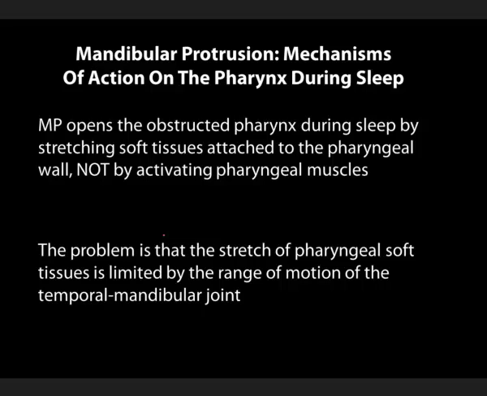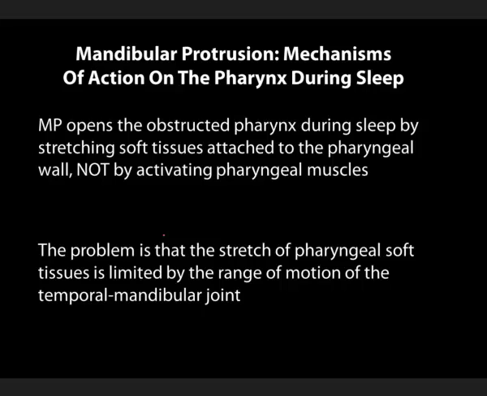So the mandibular protrusion opens that pharynx by stretching soft tissues, including muscles, ligaments, all those other parts attached to the pharyngeal wall, not really by activating those dilating muscles. Now, there's a limitation, however. All of us sitting here, we can push our jaws forward, and we have a certain limitation to that voluntary forward posture. We can only command our jaws to come forward a certain amount.